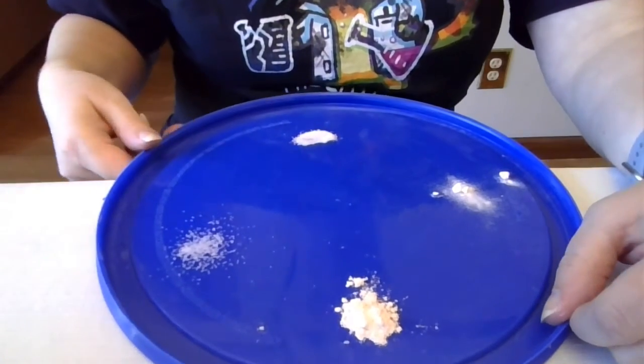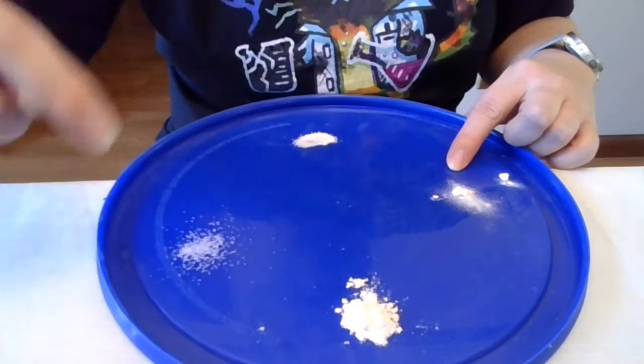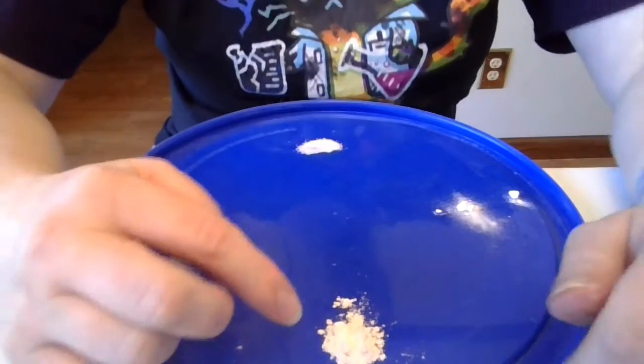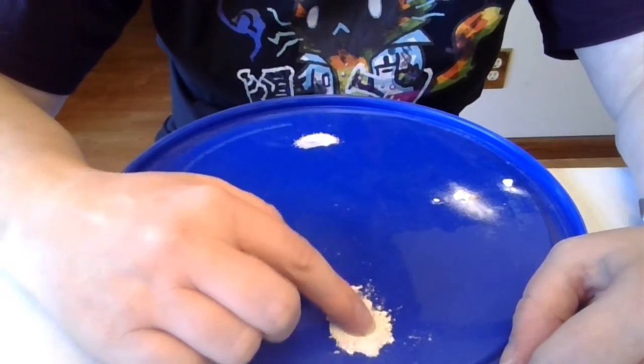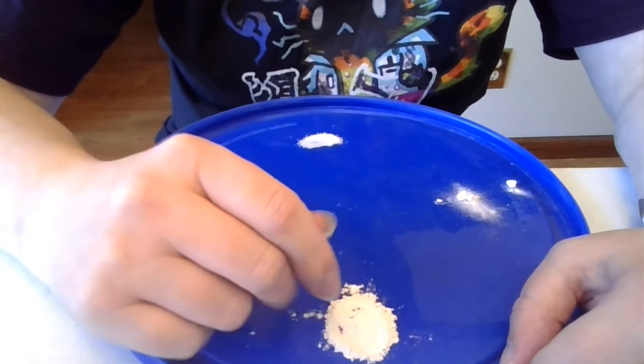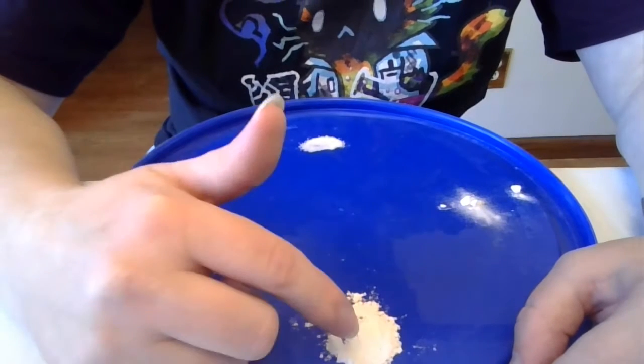Okay, so what I have here is flour, baking soda, salt, and sugar. Now what I'm going to do is compare the physical properties of these. You were supposed to print off a table where you can write down the physical properties of the different powders you're working with.